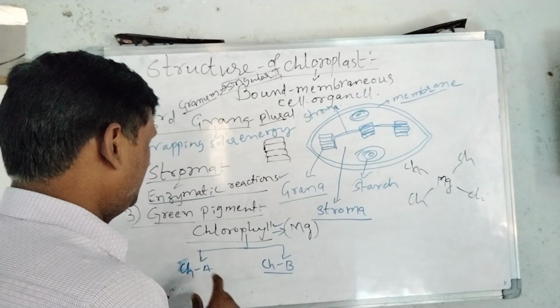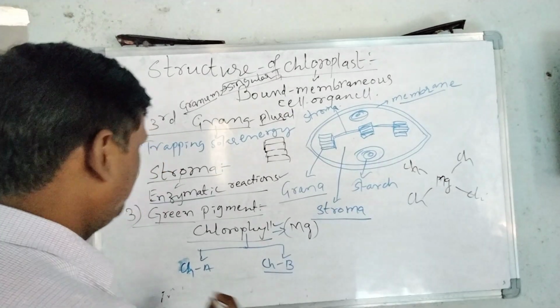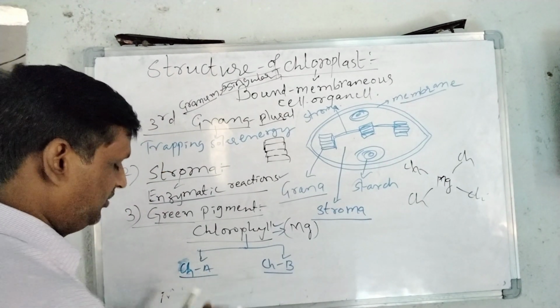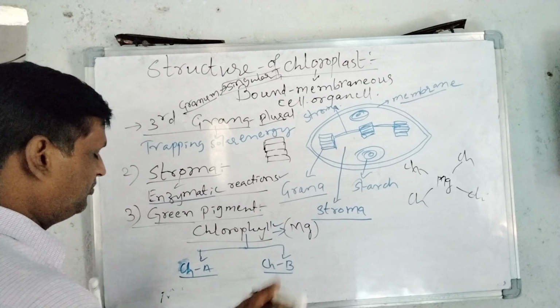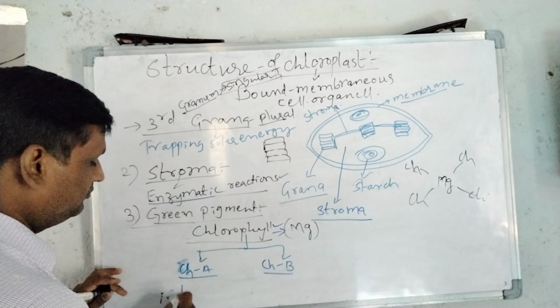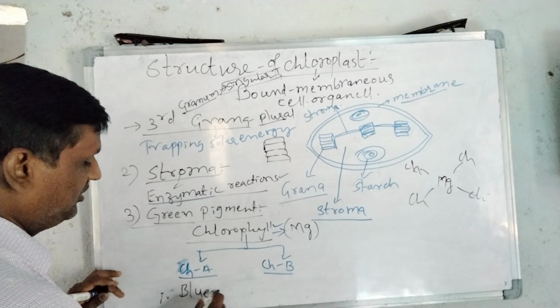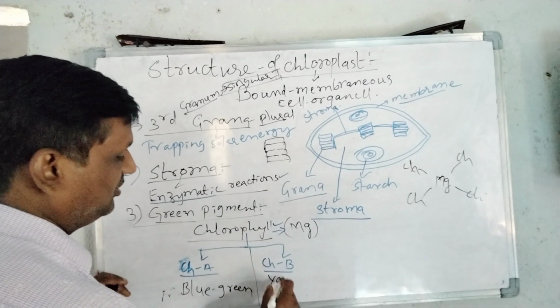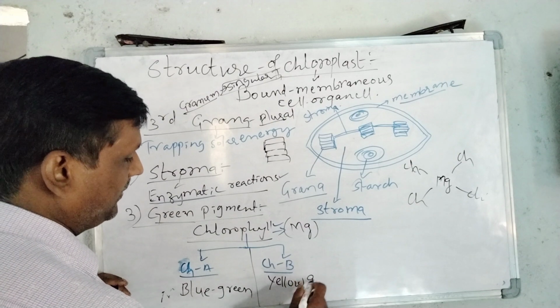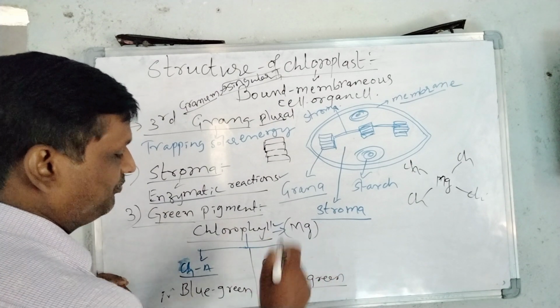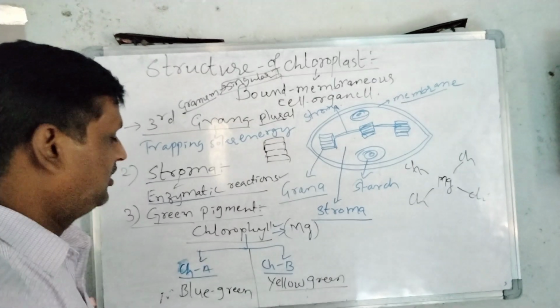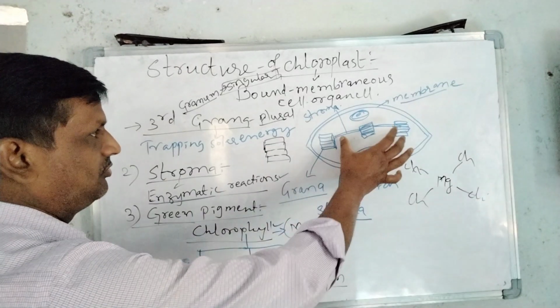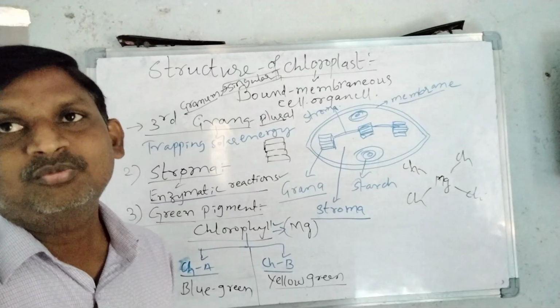So here chlorophyll is classified into two types: chlorophyll A and chlorophyll B. Chlorophyll A is blue-green in color, whereas chlorophyll B is yellow-green in color. There are several chlorophyll molecules present in the chloroplast.